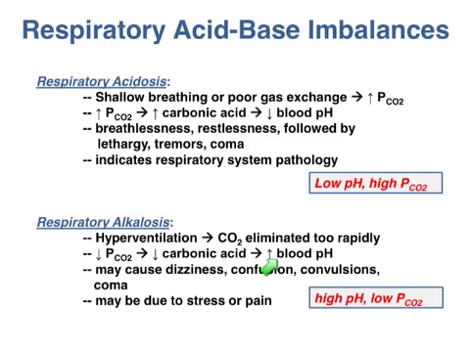If you were to test a patient's blood, in respiratory alkalosis, you'd see the opposite. You'd see a high pH and a low partial pressure of carbon dioxide. Respiratory alkalosis isn't usually primarily a respiratory problem. Usually the problem is whatever's causing you to hyperventilate.